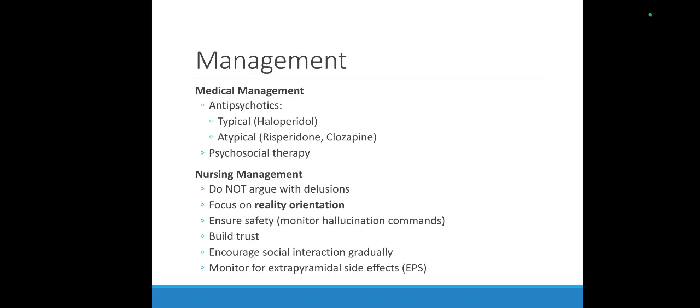Okay? Another is to focus on reality orientation. Ensure safety, especially for people who experience auditory hallucinations or any type of hallucination, visual or auditory. And then build trust, encourage social interactions gradually, and monitor for any extrapyramidal side effects, or EPS.